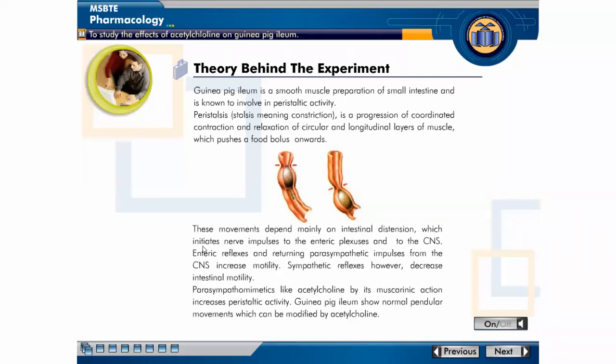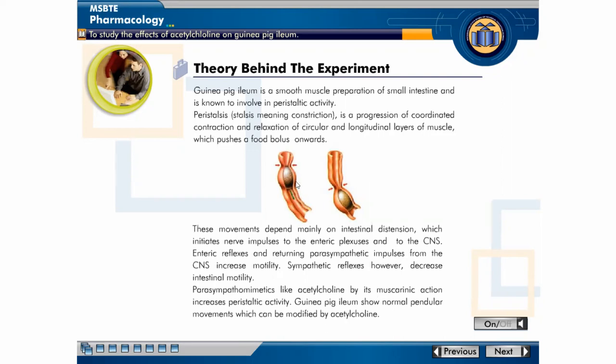Guinea pig ileum is a smooth muscle preparation of the small intestine, and it is involved in peristaltic activity. Stalsis means contraction or constriction, in which during body movement there is contraction and relaxation of the small intestine, whether in the circular movement or the longitudinal layer, and this movement pushes food material in the body.